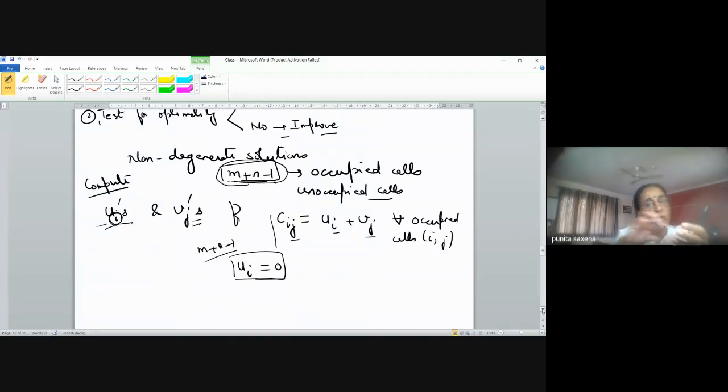So for example, supposing in the first row we have made the most allocations, what we will do is put u1 equal to 0, right? Once we have u1, we can compute the rest because we have these m plus n minus 1 relationships from here. Is this clear? Tell me, because this is the first step.